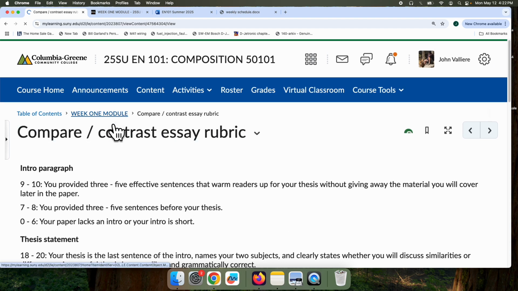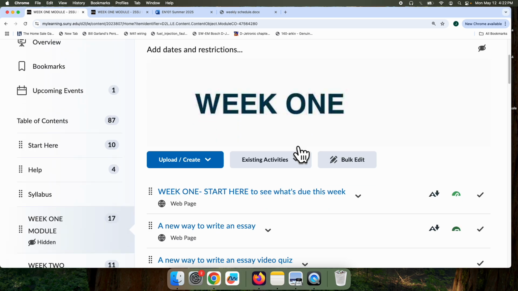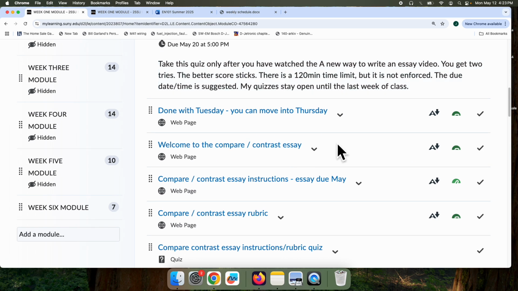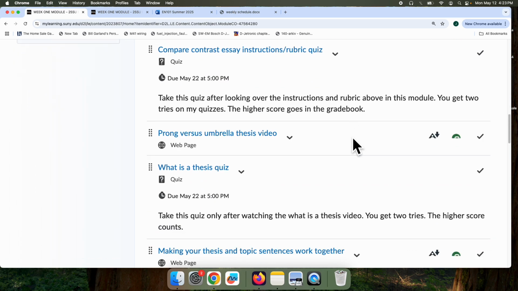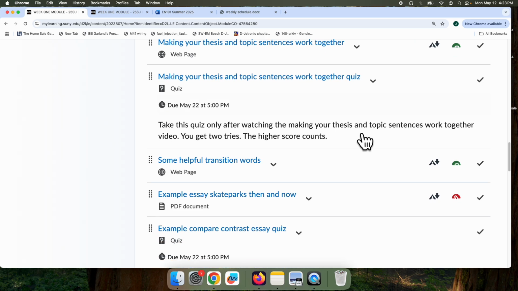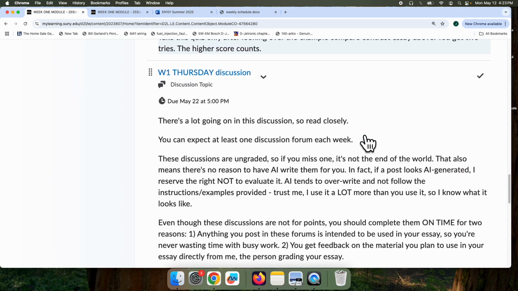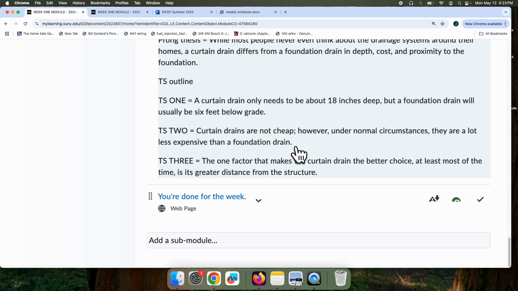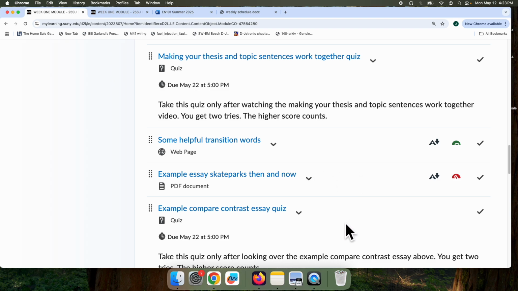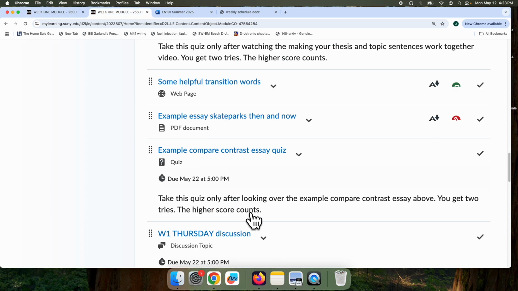Now I want to show you one more thing here before I wrap this up. Let me show you what a compare-contrast essay looks like, and you'll have access to this in the course anyway. I'm in the week 1 module, and if you scroll down eventually somewhere, you come to an example essay on skate parks. There you go. Let's open that up.